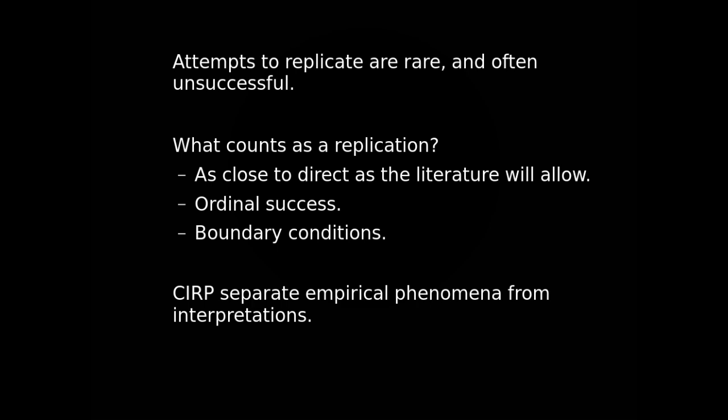A second objection to using independent replication as a minimum data quality standard is that it's hard to define what counts as a replication. We think the concept of a SIRP is a pragmatic response to the perhaps inevitable uncertainty about what counts as a replication. The search for SIRP should, we argue, favour independent replications that are as close to being direct as the published literature will allow.